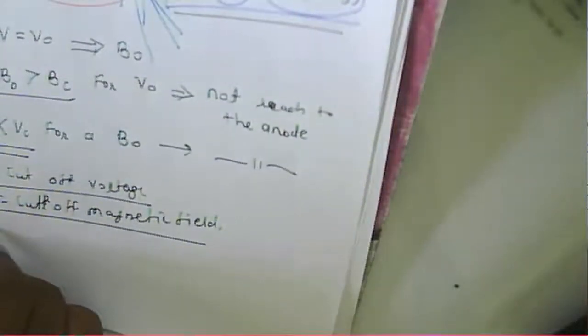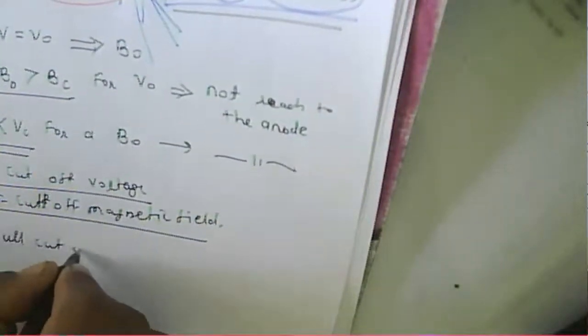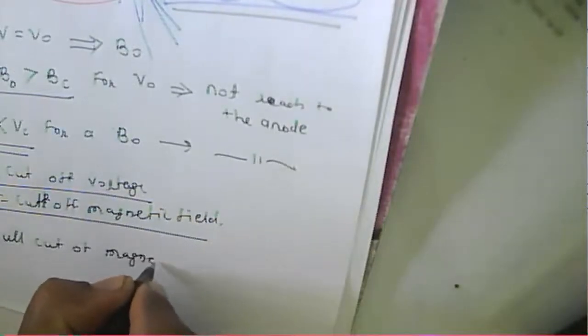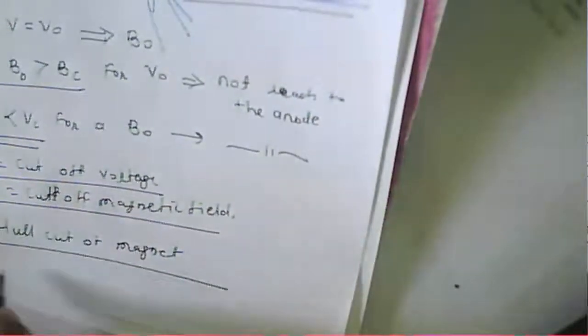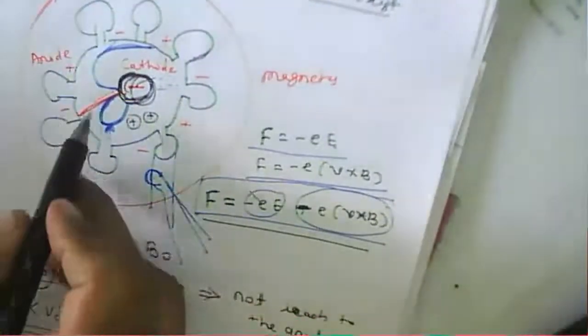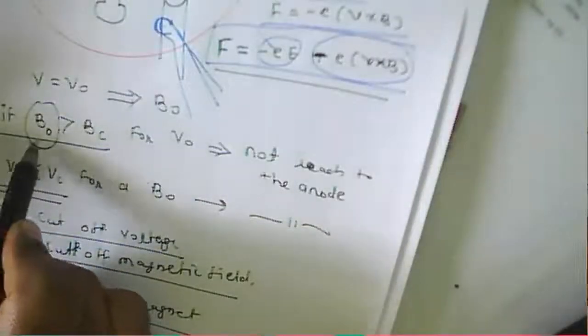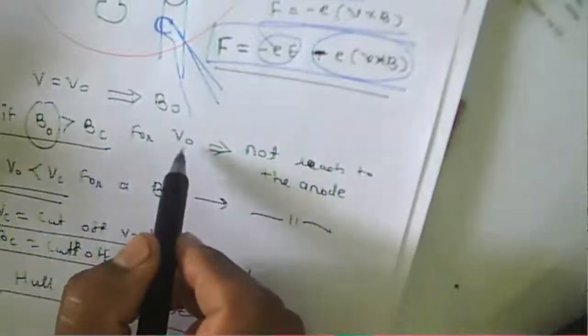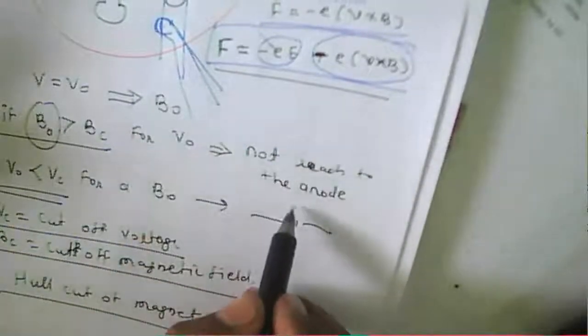To get sustained oscillation, we should know what the value of B0, the magnetic field, and the voltage given to the cathode and anode will be. If B0 is greater than BC but V0 is constant, the electron will not reach the anode.